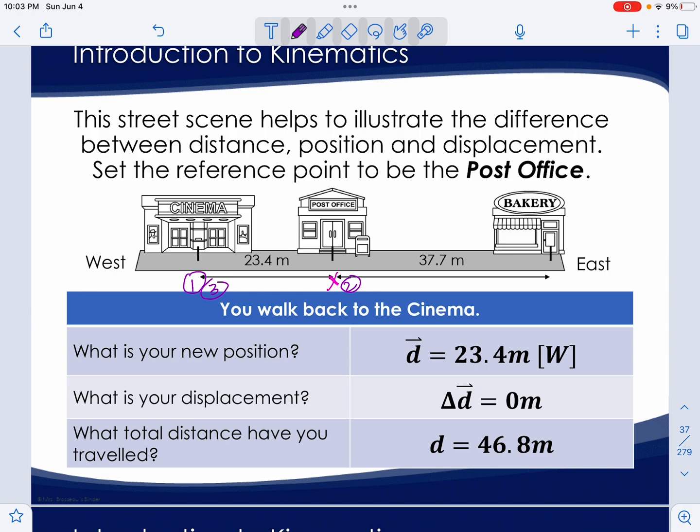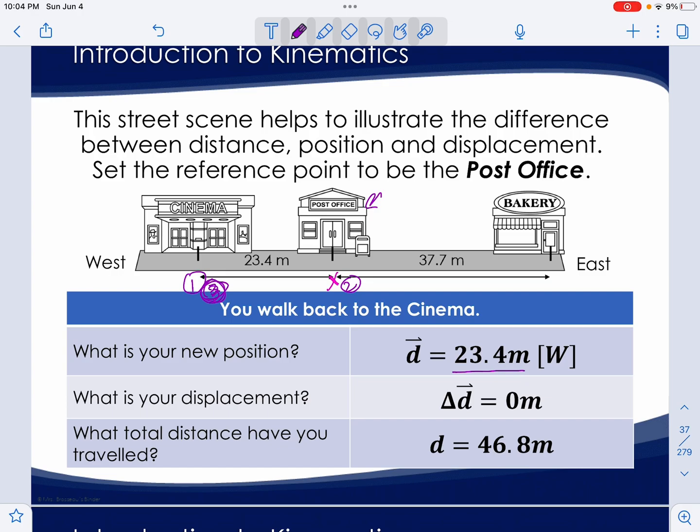Okay, so your new position is what? So you're ending here. This is the ending point, right? So your new position relative to our reference point, which is this. So relative to the reference point, you're 23.4 meters west. What is your displacement?